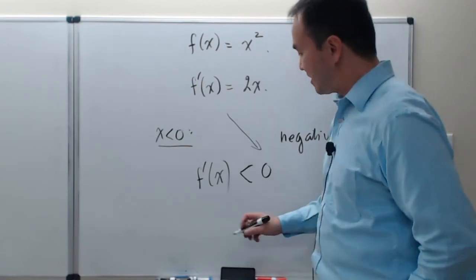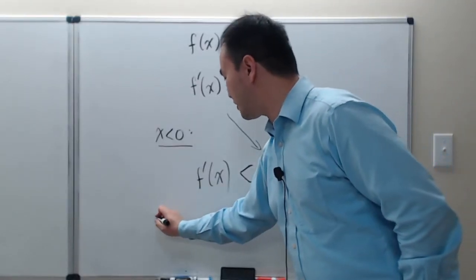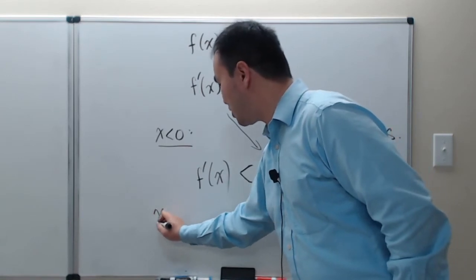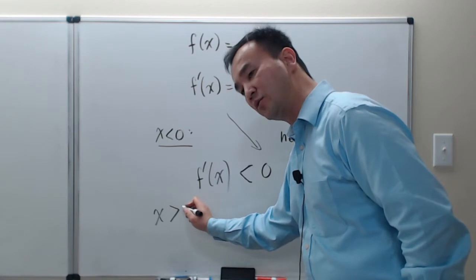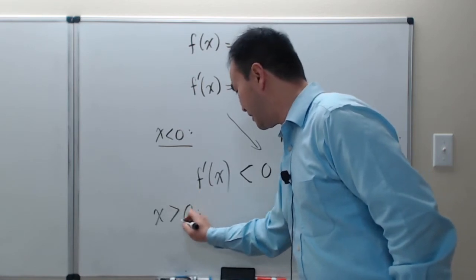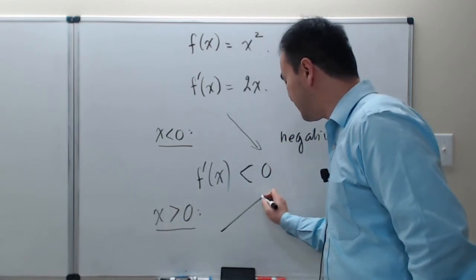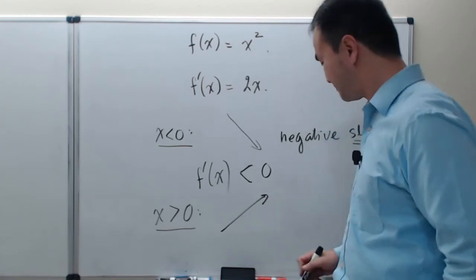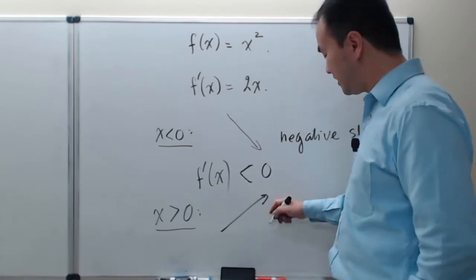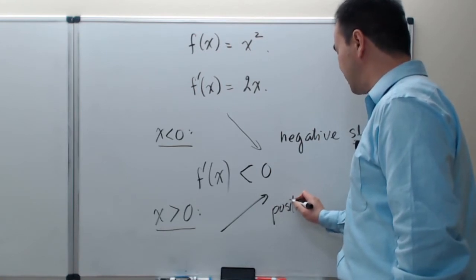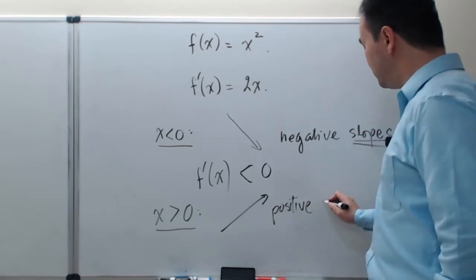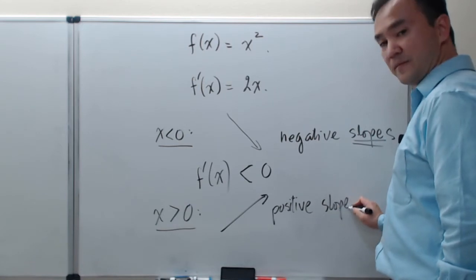And in the same way we saw earlier through the graph, when we switch to an x value greater than 0, then our tangent line from the left to the right points up like that. Any tangent line like this, we refer to as having positive slopes.